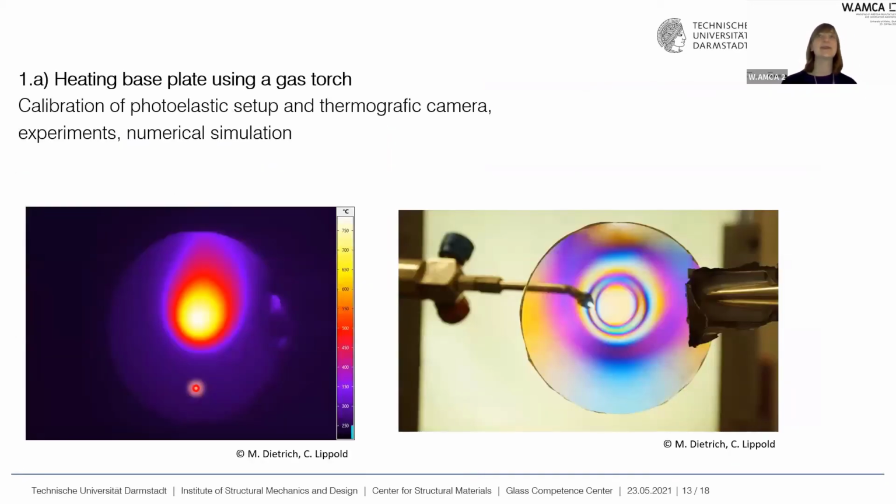I'm still missing some information. I have my gas burner on one side, and I'm looking from the other side at the glass specimen. What the thermographic camera can see is the surface temperature of that side. That's why we don't see the gas burner here, because the glass is kind of opaque for the thermographic camera.